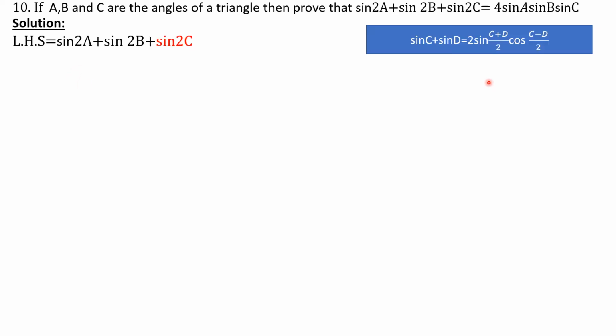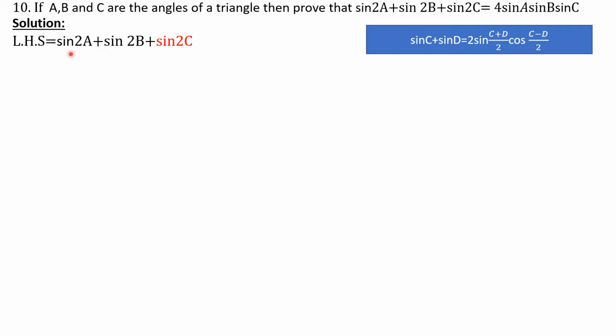Now we know sin C plus sin D is 2 sin (C plus D)/2 into cos (C minus D)/2. So the same concept will apply in these two terms, sin 2A plus sin 2B.